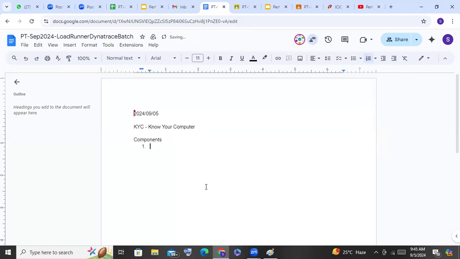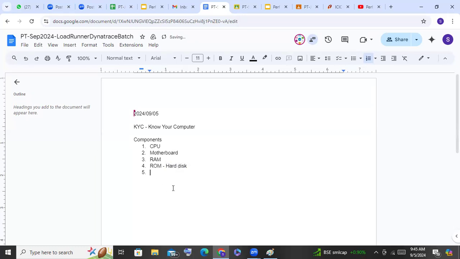CPU, motherboard, RAM, hard disk. CPU, motherboard, RAM, ROM. ROM and hard disk are the same.